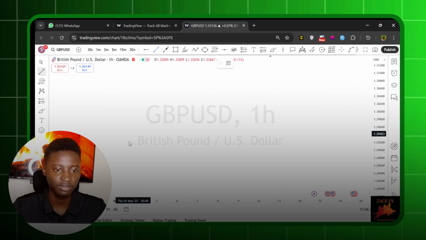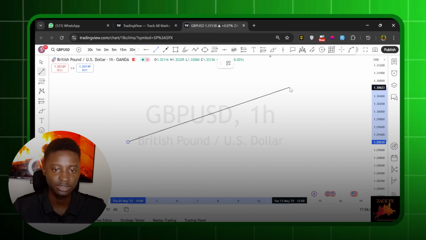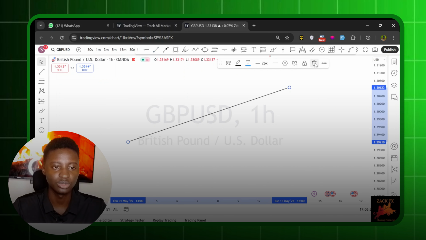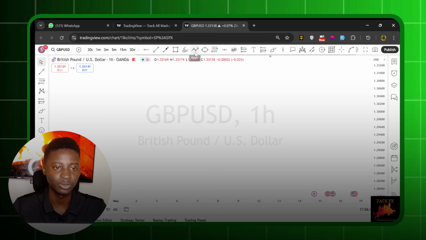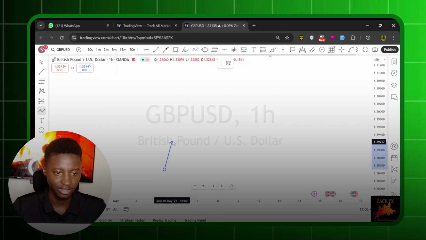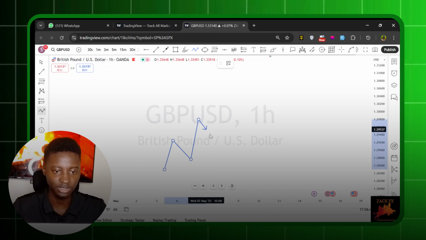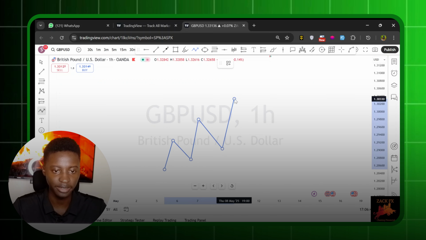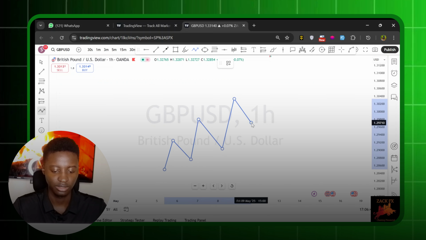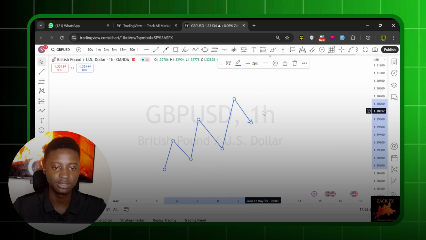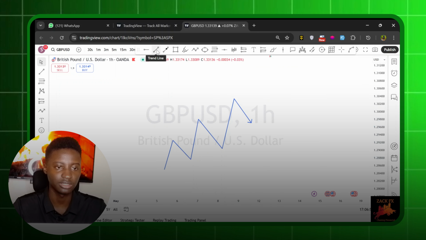So here we have our trend line. Or let me first go to a demo market for demonstration purposes. We have a market moving in this sort of manner. Such a market is an uptrend.